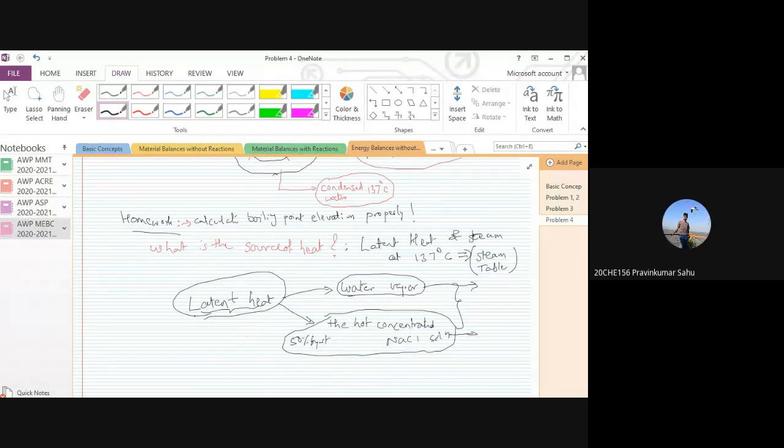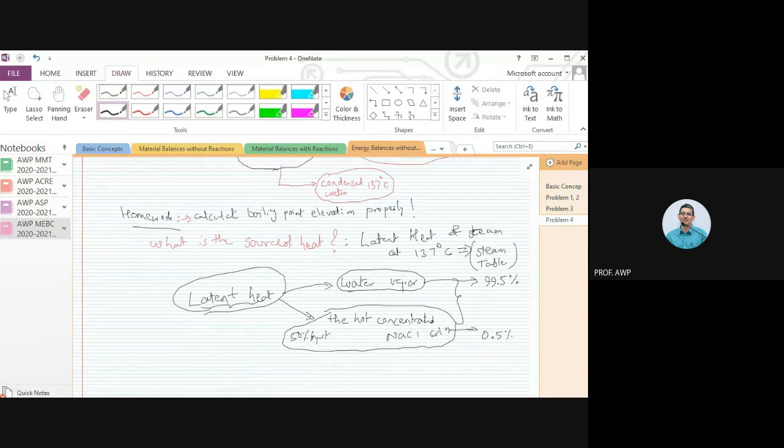Sir, it is 0.5% in the hot concentrated NaCl solution. 0.5% and 99.5%. Yes, sir. Okay. Let us just see if anybody else has got any other values. So for the water vapor, it is coming as 85%. Okay, 85%. And this is 15%.